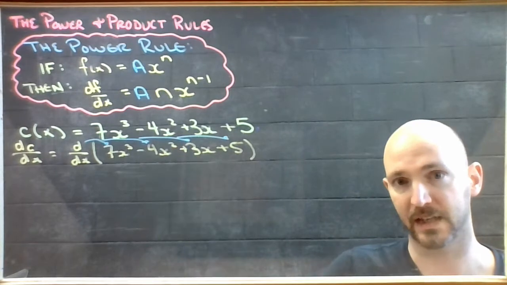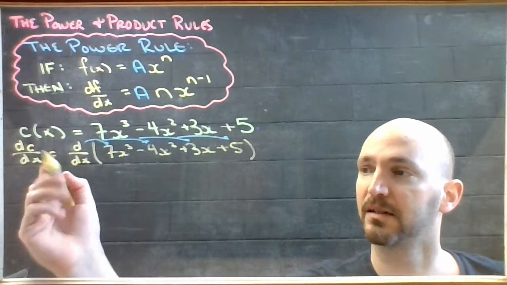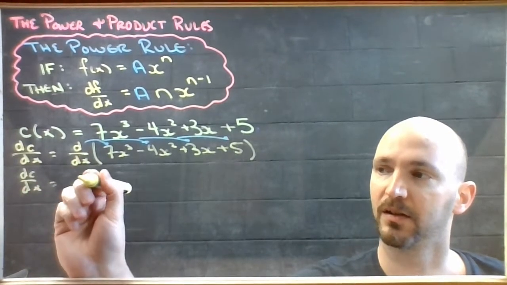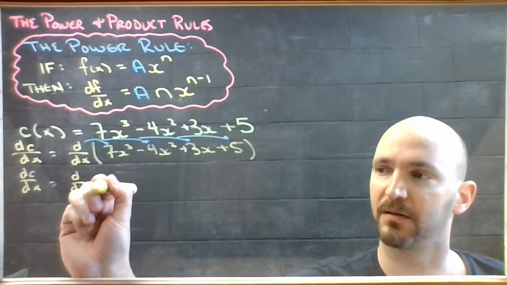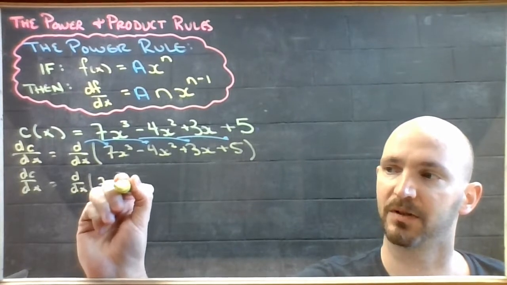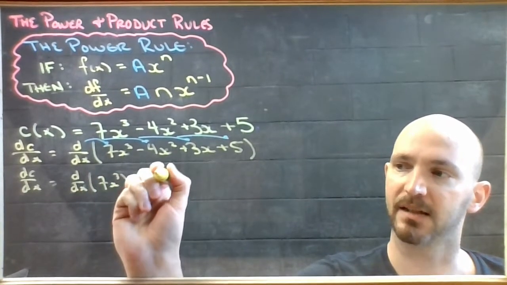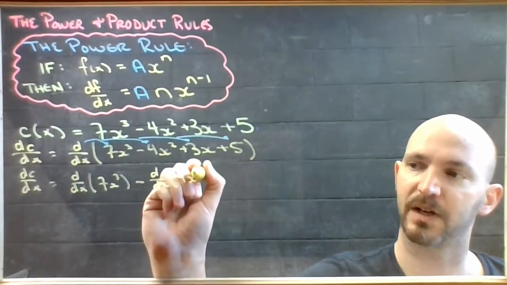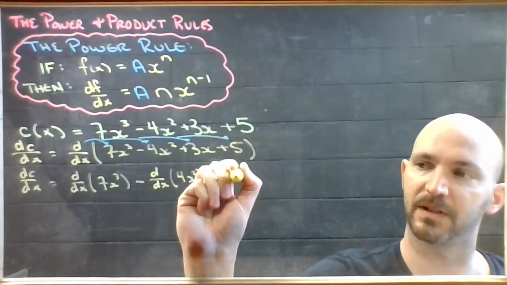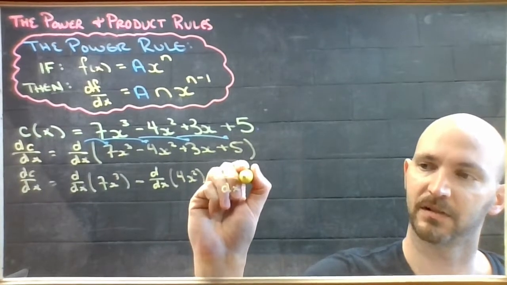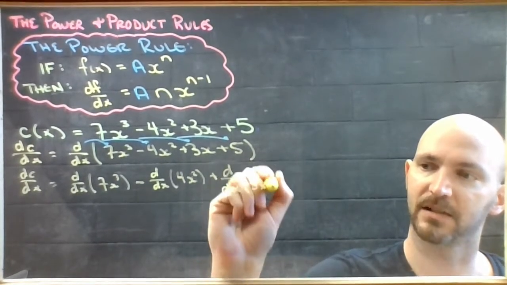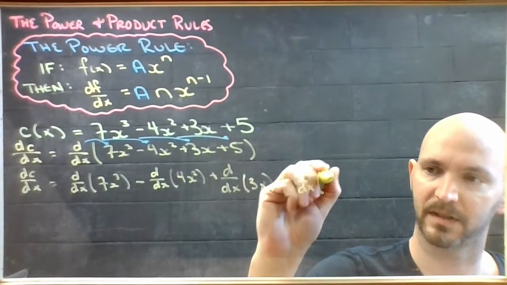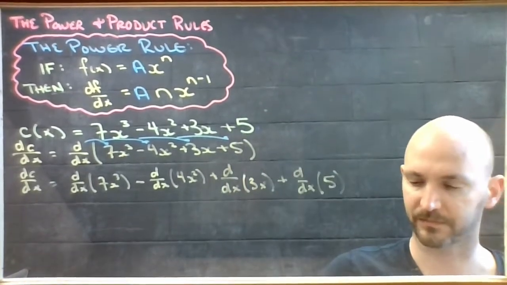So this thing, dc dx, is going to look like the derivative of 7x cubed minus the derivative of 4x squared plus the derivative of 3x plus the derivative of 5.